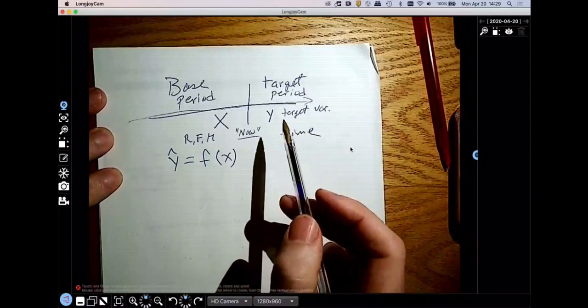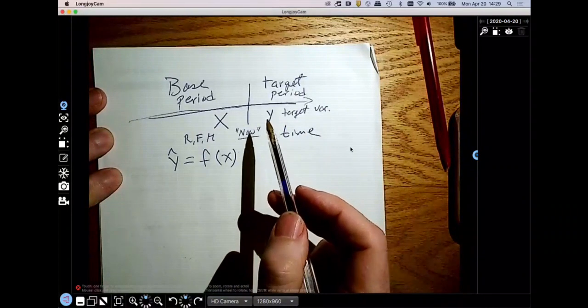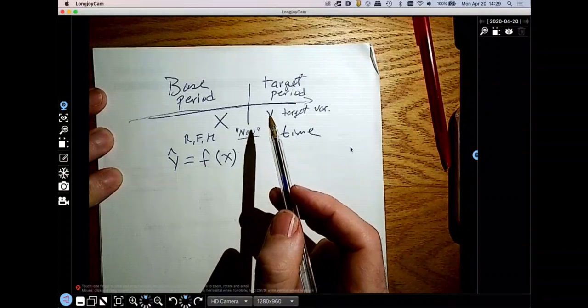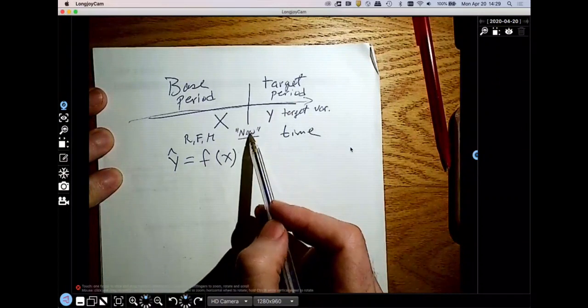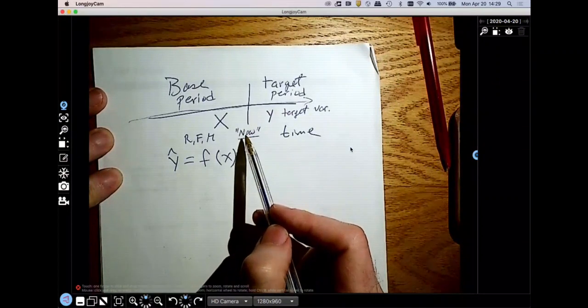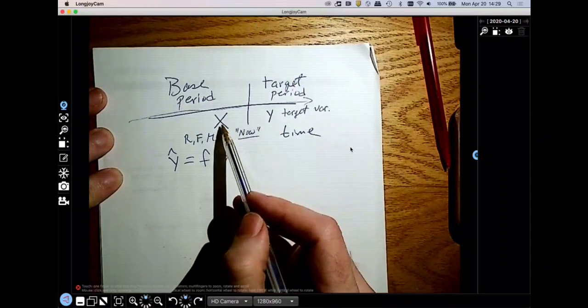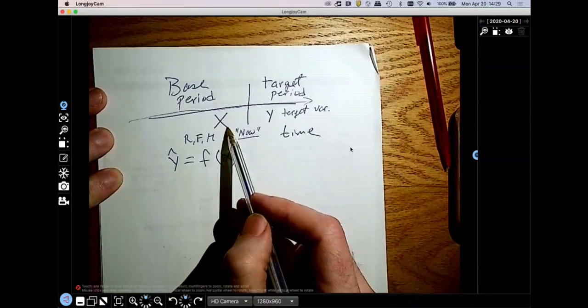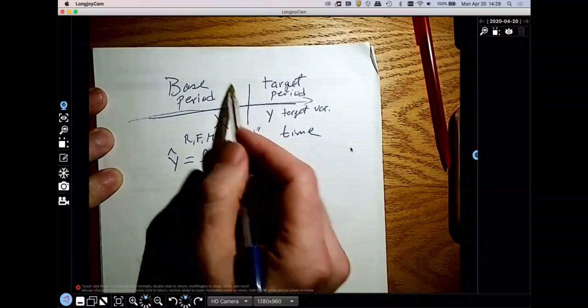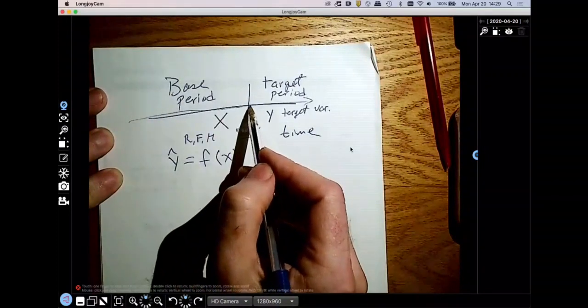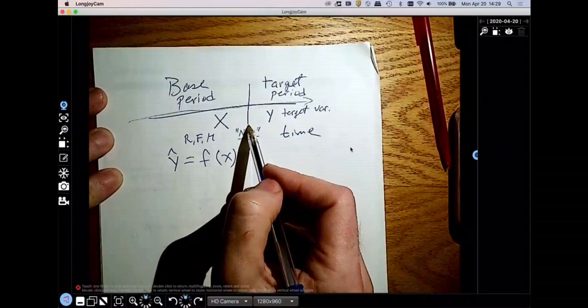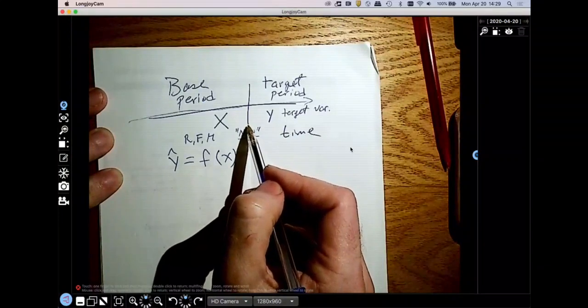Now, I'm going to use whatever information I have at the time the decision was made, which is right here, to make a forecast of Y. I'm going to form a bunch of X variables using what's called the base period, which is the period that happened before the decisions were made.